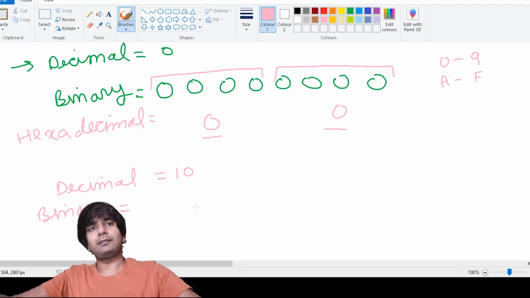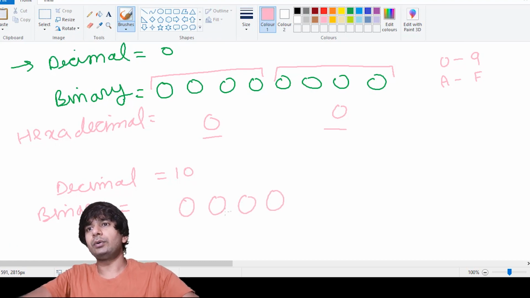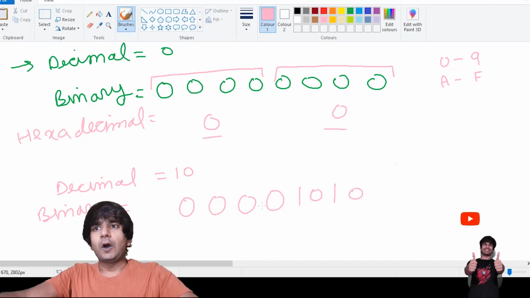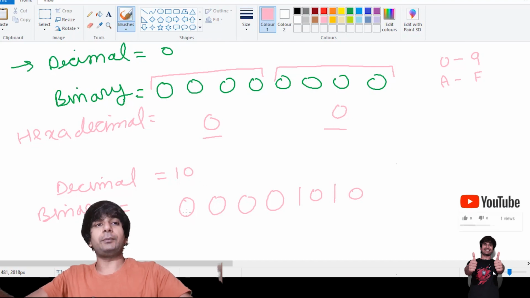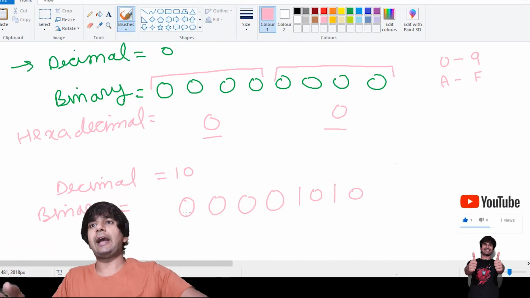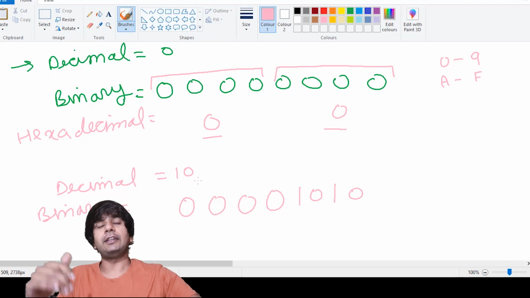So I'm just directly converting it: 0 0 0 0, then 1 0 1 0. So guys, this is the binary of 10. Because we are having 8 bits, I have converted this binary in the form of 8 bits.